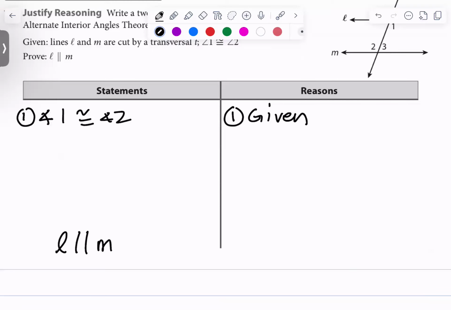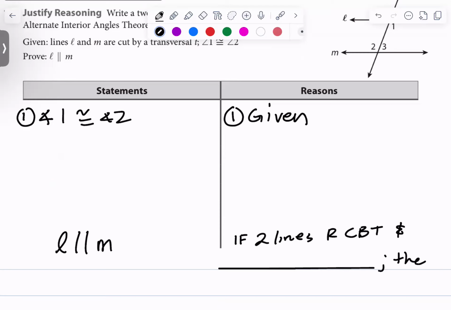And I know that the reason is going to be if two lines are cut by transversal and blank, I'm just going to go blank, because I don't know yet. And something, then the lines are parallel.